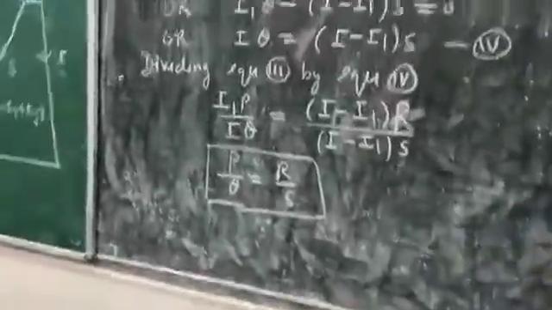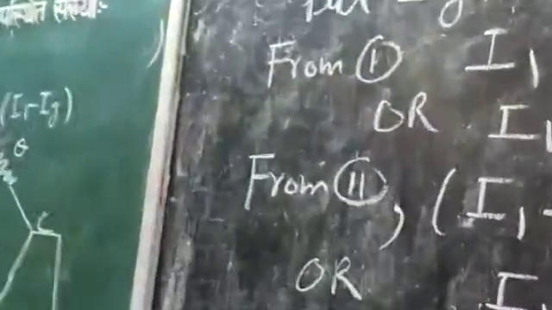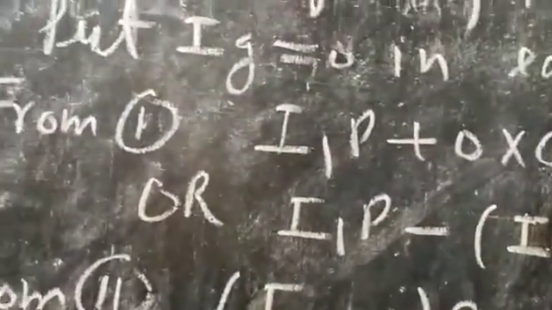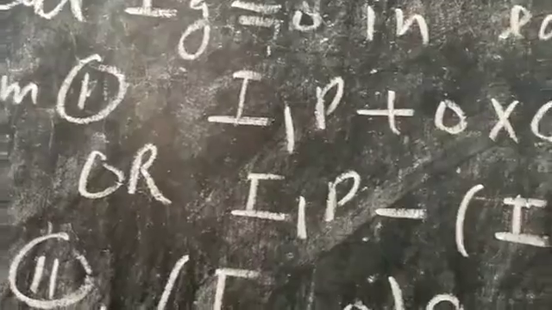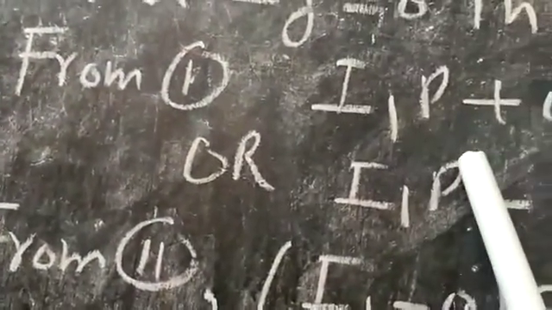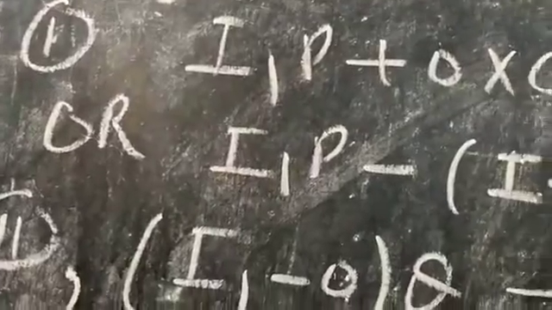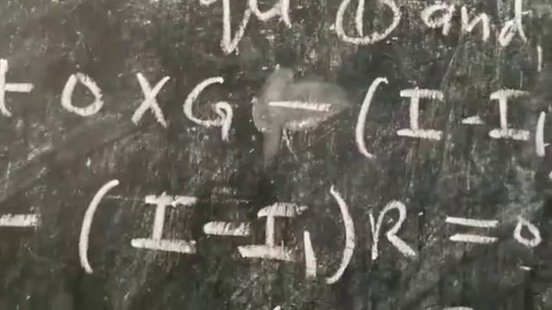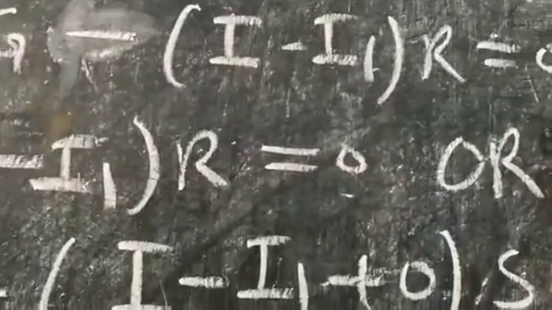Now come to here. When the bridge is balanced, put Ig equal to 0 in equation number 1 and equation number 2. On putting it in equation number 1, that is I1 into P minus 0 into G minus (I minus I1) into R is equal to 0.